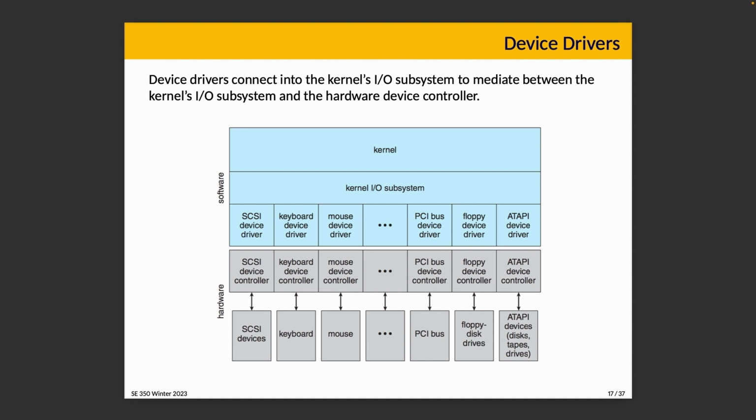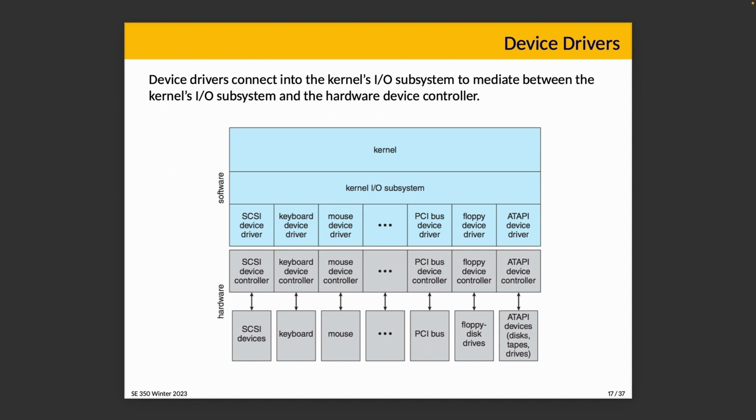Basically the idea is the driver is the level in between the kernel I/O and the actual device controller, such that when the kernel wants to issue a command, it can just call into the I/O subsystem and say, do this thing for me, please. And then the I/O subsystem will find the correct driver and pass that along, and the driver can then turn that into something that the hardware device can actually understand once it goes out over the bus.